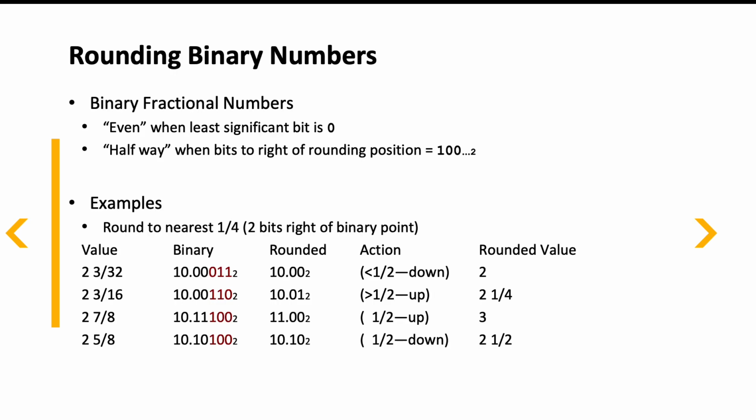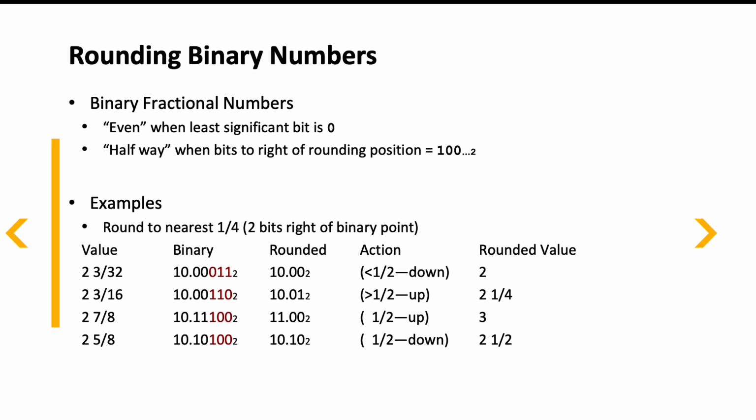Now, the good news is that this works exactly the same for binary numbers. When we're dealing with binary fractional numbers, we consider it even when the least significant bit is 0, and halfway when the bits to the right of the rounding position take the form of a 1 followed by a bunch of zeros. So we just take a look at the bit to the right of our rounding place and all of the other bits following that.